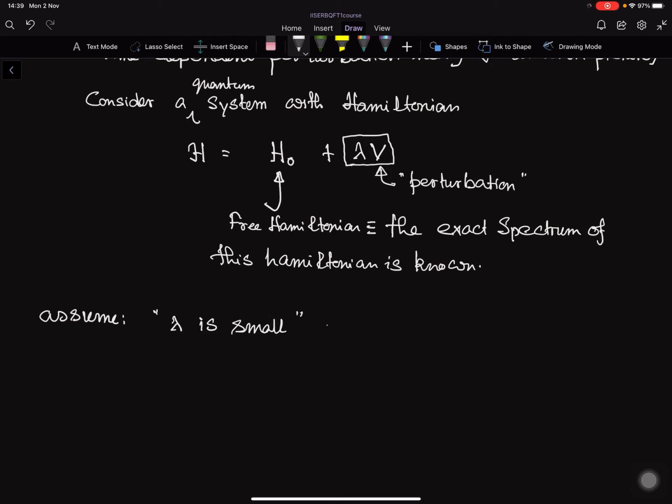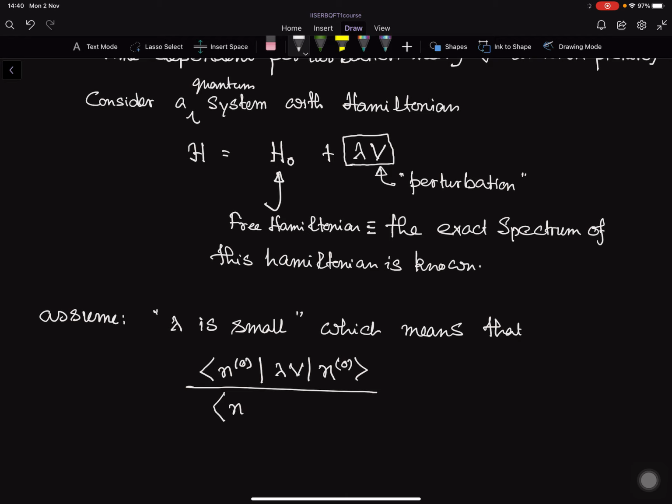which means that, take any state of the free theory, compute the expectation value of the perturbation, and then take the ratio with respect to the energy of the free Hamiltonian.